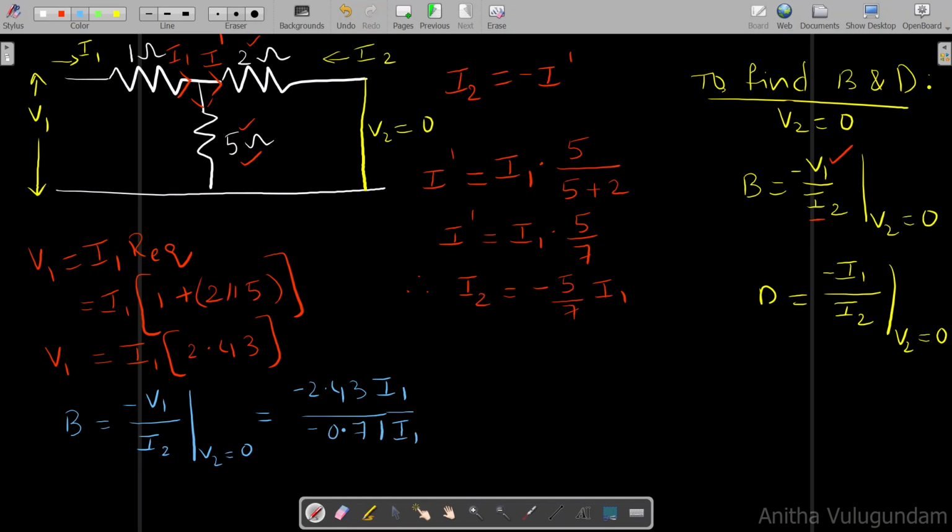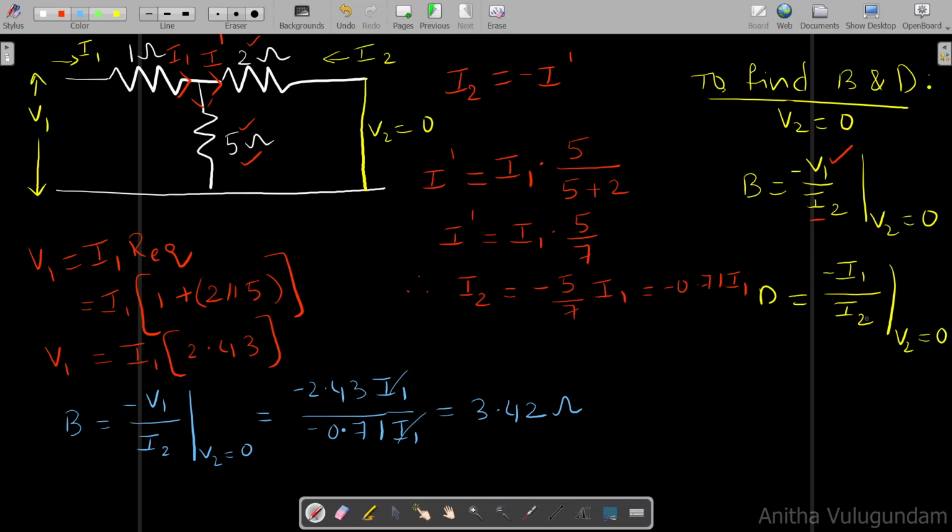When I1 gets cancelled, we have the answer B equal to 3.42. Look at the formula. This is V by I. V by I is impedance, so this is ohms. B equal to 3.42 ohm.